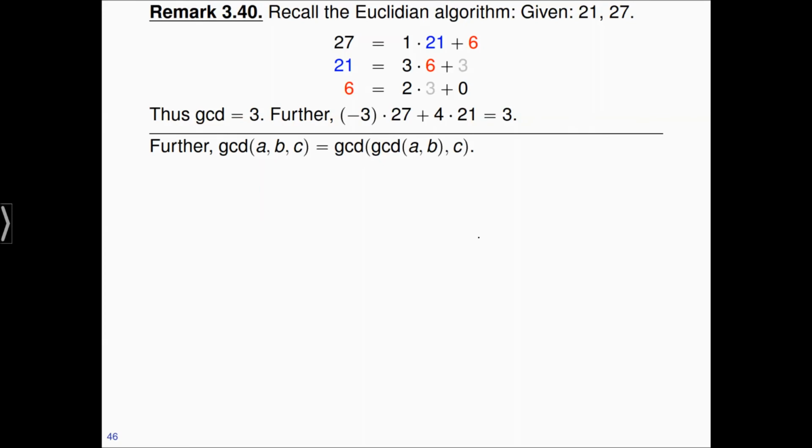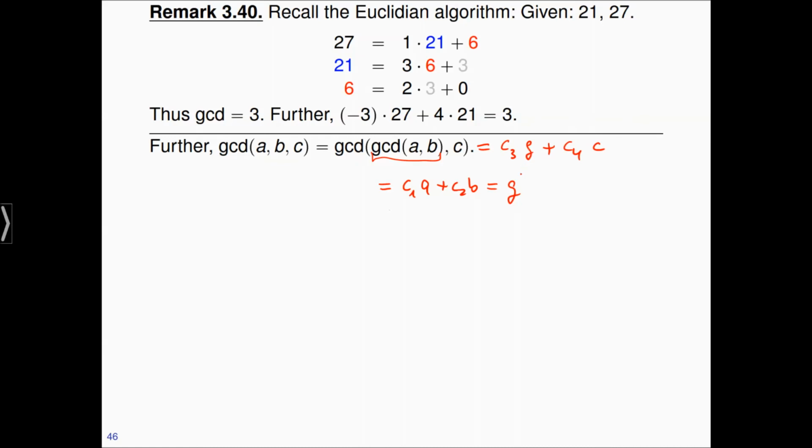If you have more than two numbers, then you use the fact that the greatest common divisor of three numbers is actually the greatest common divisor of two of the numbers with the third number. If you have a representation for this greatest common divisor as C1 a plus C2 b, and you plug this in, you get a representation of this greatest common divisor here. If we call this G, then you might get a representation of this number as C3 G plus C4 C, where C is one of the numbers that you started with.